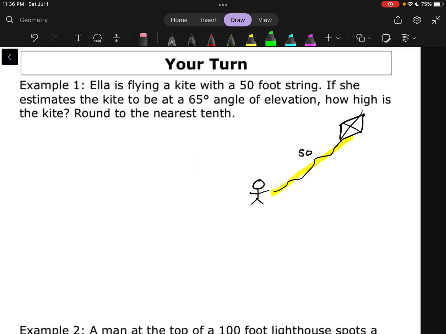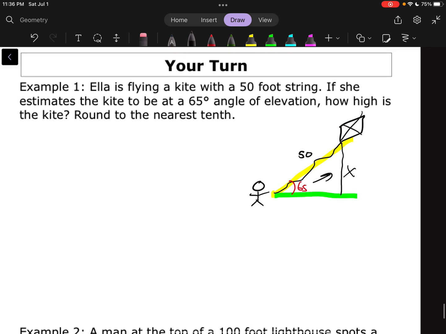So up and out is 65. And we want to know how high this kite is. So that should be our x. So that's my O, that's my H, this is my A. I'm doing sine. Sine is O and H, and that string is the hypotenuse. We want to know how tall it is with the x.